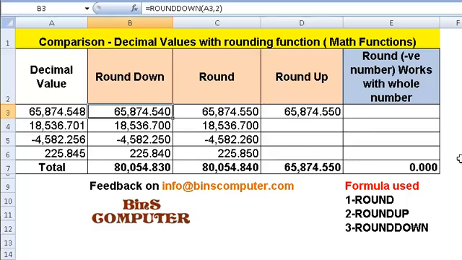So here the third place of decimal values is ignored, and here it has been considered. So if the value is greater than 0, it is going to round up to the next value.